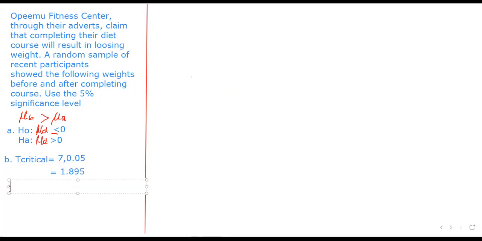Then C is talking about the calculated test statistic. So T calc, this is where the workload is, as I've been saying. It's d bar all over SD over square root of n.